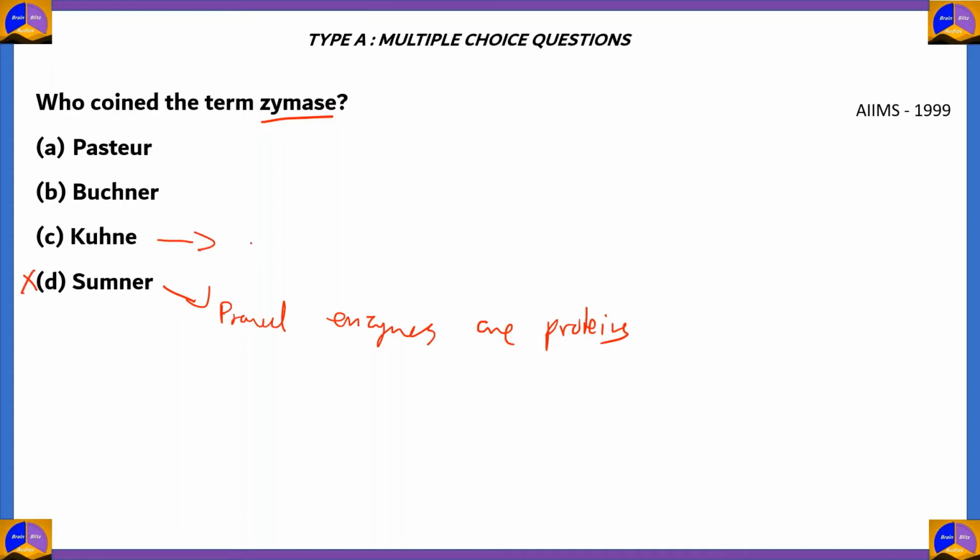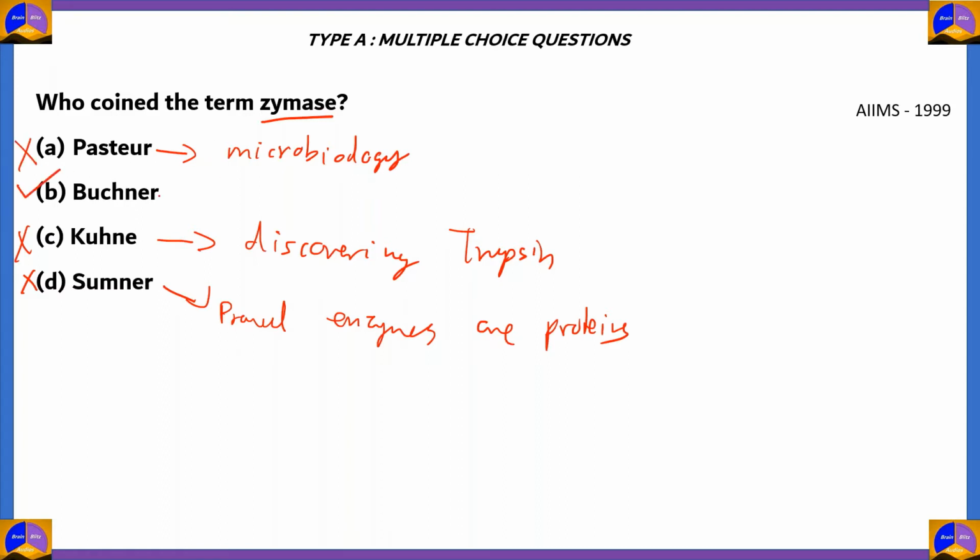Kuhne is credited with discovering the enzyme trypsin. So option C is incorrect. Option A, Pasteur, is associated with microbiology. Processes such as pasteurization and disinfection come from Pasteur. So option A is incorrect.